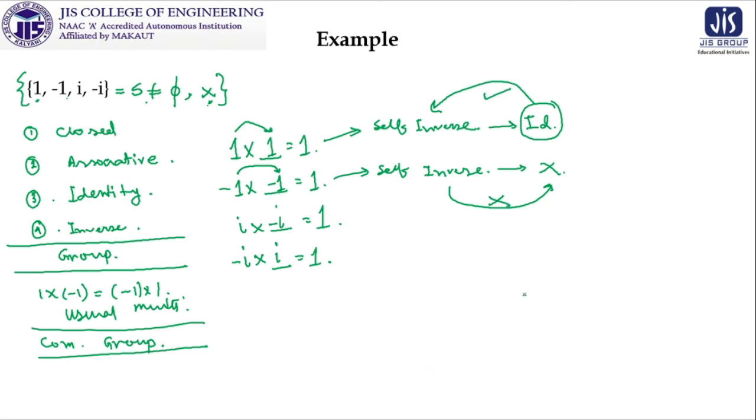And what I am trying to say, another representation which is very important over here. Suppose you are taking this operation as multiplication. You write all your elements over here.